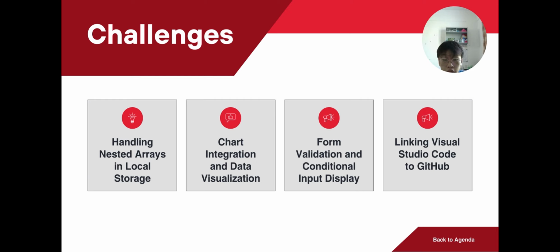Other than that, the user can also choose the chart type they want, like bar, line, and pie. So we need to think how to change the chart type and bring that data along. So it's also very difficult. We need to think a lot and update the chart when new data comes in.